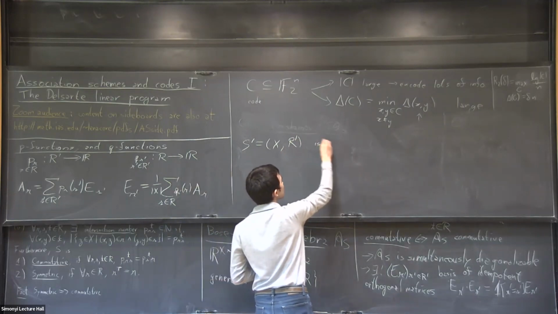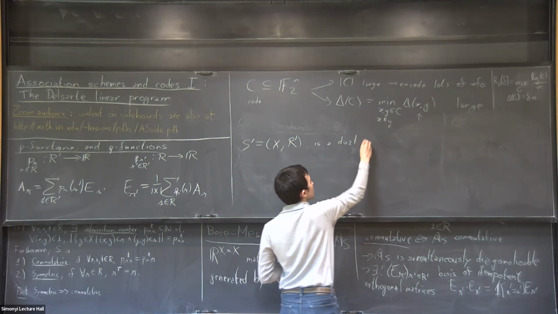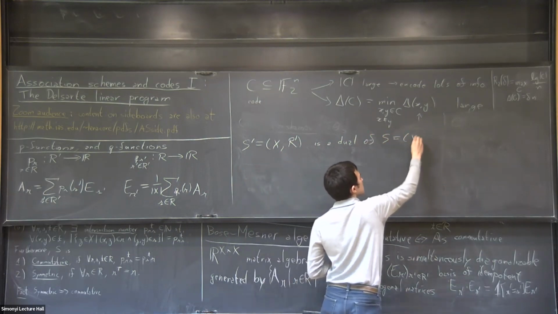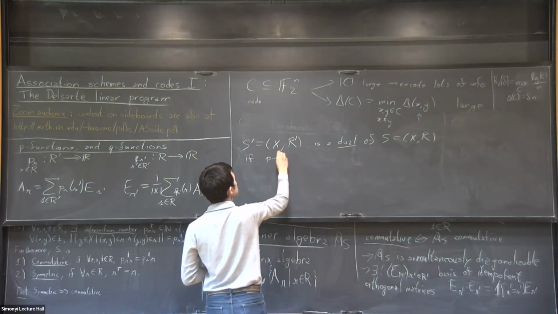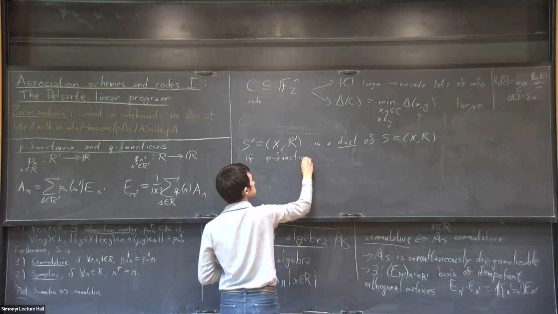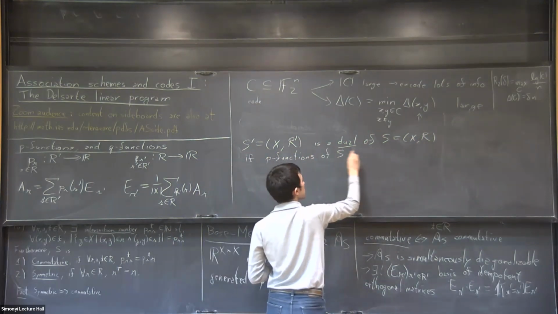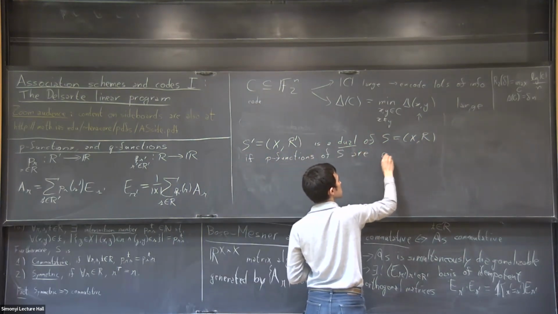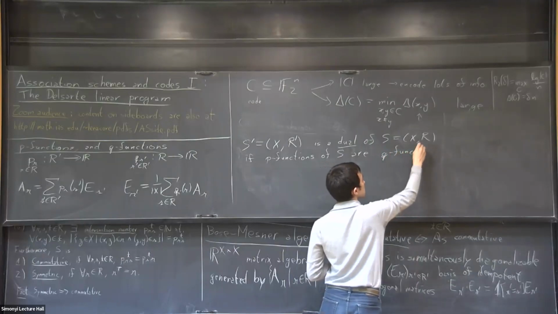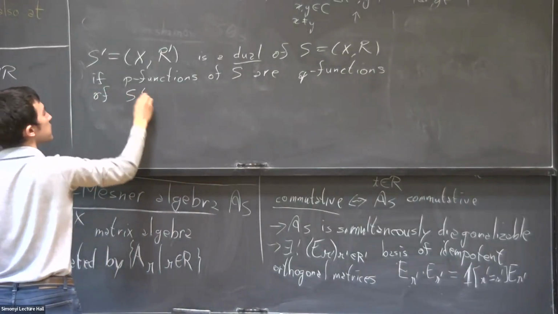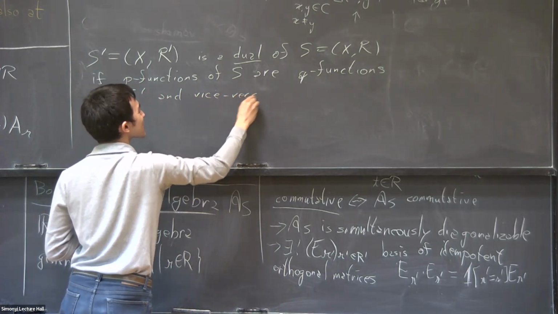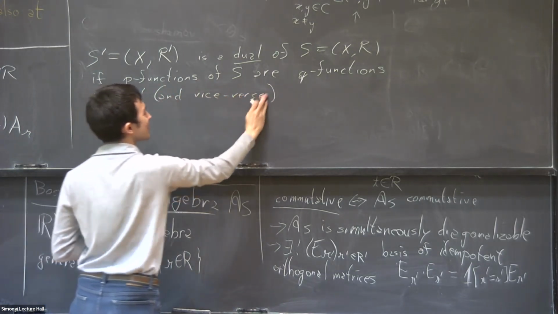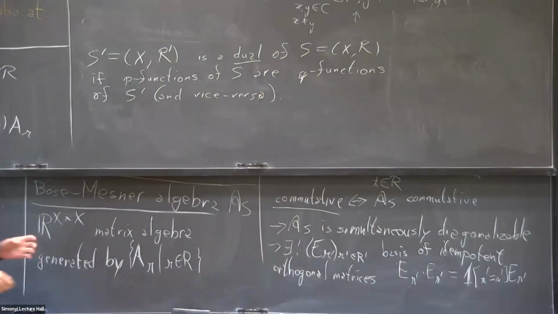We say that this is a dual of S if the P functions of S are the Q functions of S prime and vice versa. The vice versa is actually in parentheses because if you get one, then you get the other. You don't need to prove both.